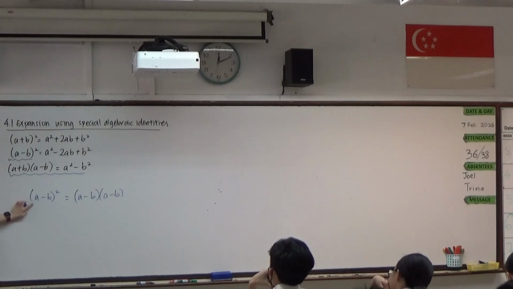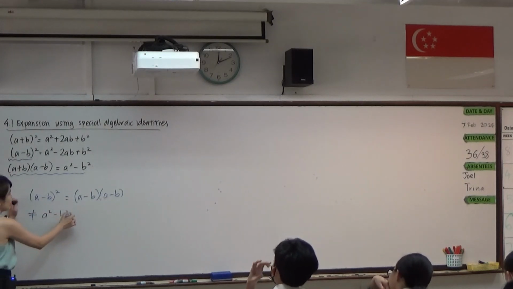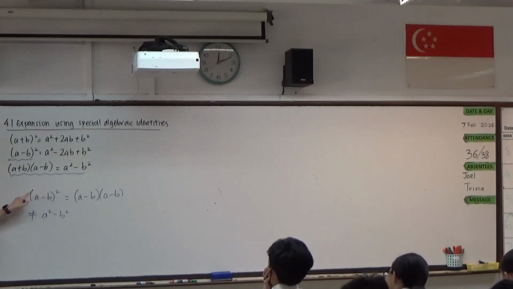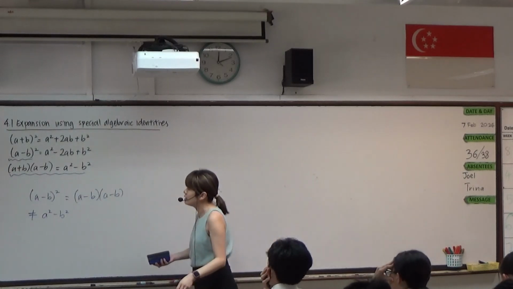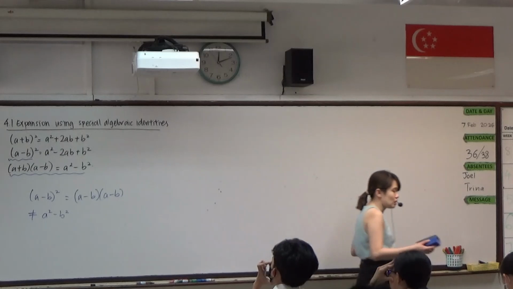So that's why you cannot say that this is going to be equal to a squared minus b squared. Neither can we bring our powers in. So we must be very clear about which one is equal to which one. There is very often that confusion, and it can get very frustrating, especially when you go up to Sec 3 and you're still having this kind of misconception.